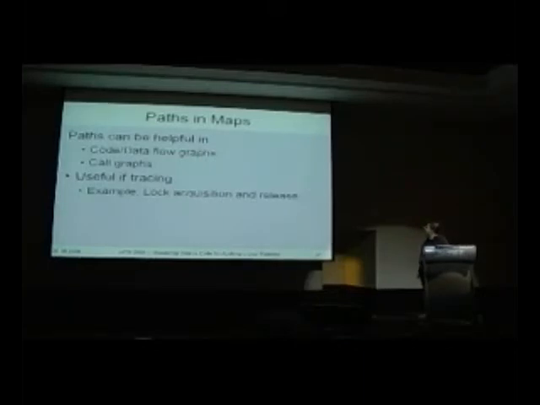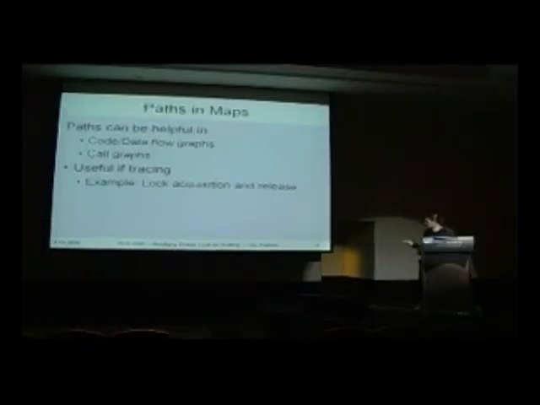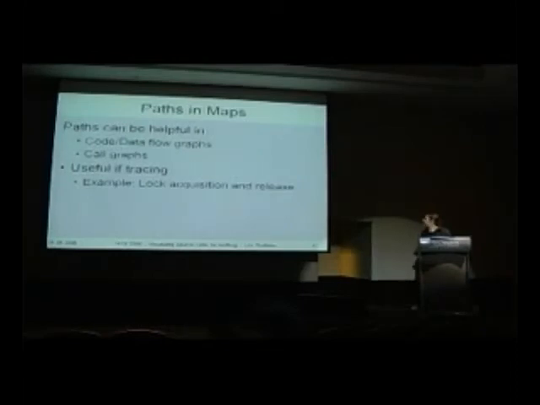Another thing you can do is chart paths in these maps, which can be really useful in code and data flow graphs or call graphs. So track a certain property across the code. And it's useful in any kind of tracing, be it the access to certain variables or the access to user input, or also lock acquisition and release.